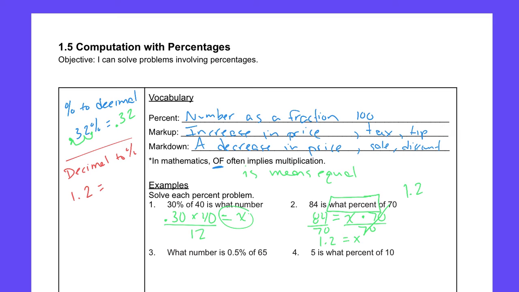Up here with the 32 we moved the decimal left to turn it into a decimal. Well, now I already have a decimal, so I'm going to undo that, so we'll go backwards. We move 2 to the right, and you want to put a 0 for a placeholder, so we end up with 120%. And anytime you have a decimal bigger than 1, it's going to be over 100%. So the answer to number 2 is 120%. So always check what it is asking. If it's asking for a percent, make sure you turn it into a percent when you are done.